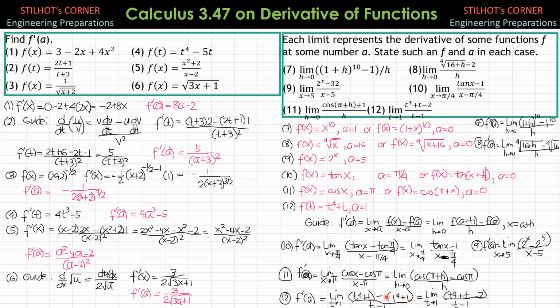That's why we have minus 1 plus 1, so minus 2, because this is minus 2 there, over t minus 1. So that's it, which is equal to that. So those are my answers, and I hope that those who attempted to solve this problem also got the same results.